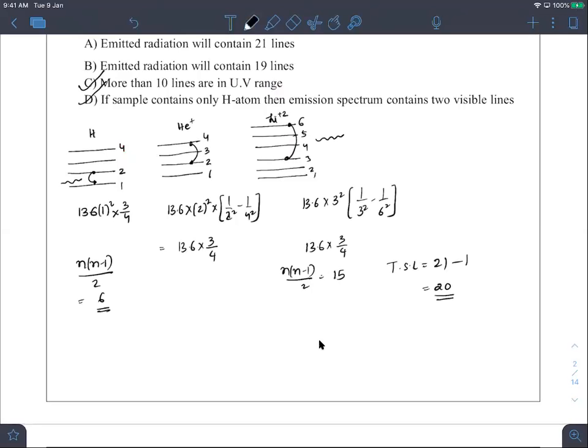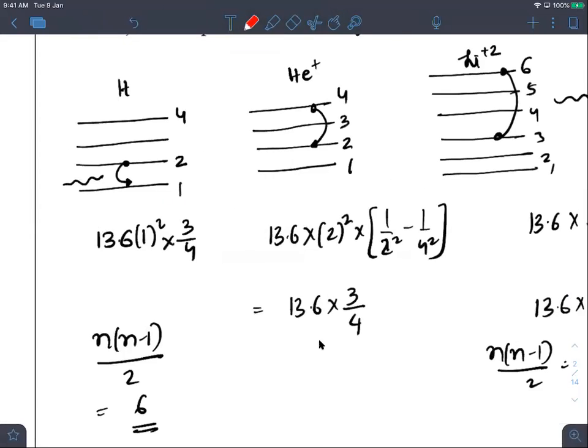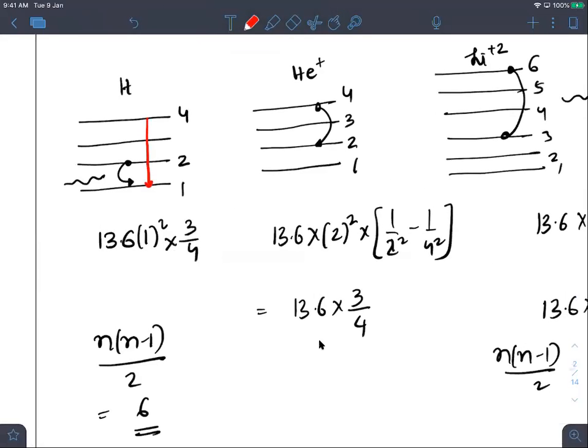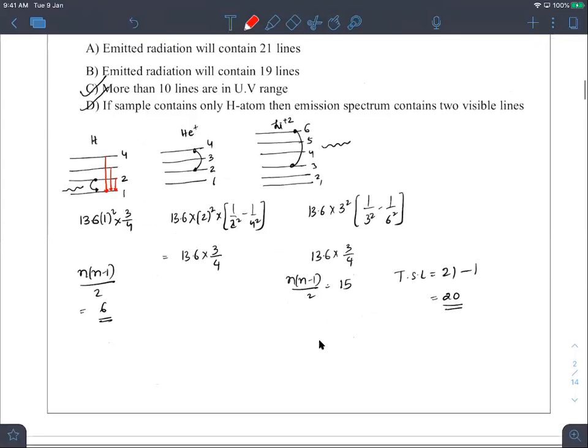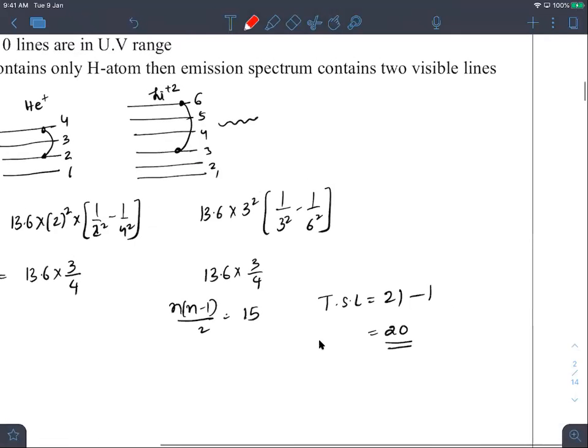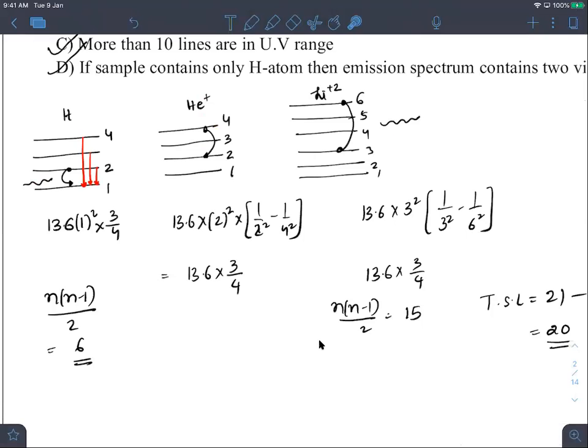In this case, we will get 4 to 1, 3 to 1, 2 to 1. So these three are definitely falling in Lyman series. And out of this 20, you can see 6 to 3, if 6 to 3 is Lyman series, because this will also be seen in UV rays only because this is the same radiation as what you are getting here.